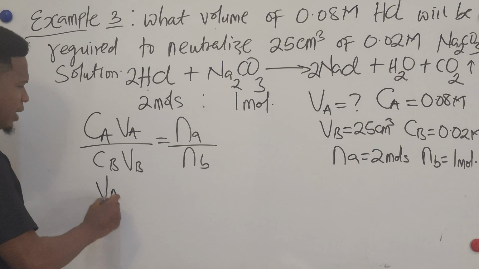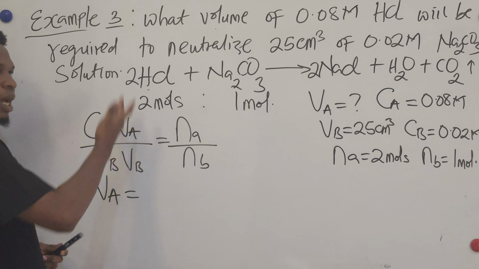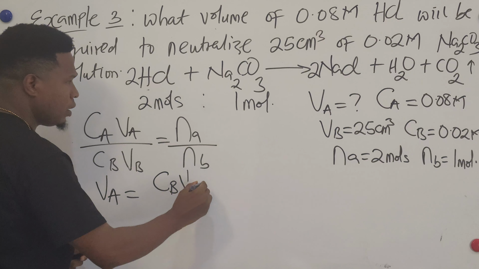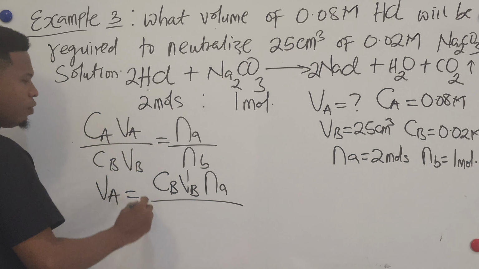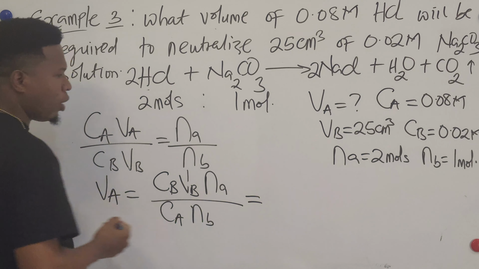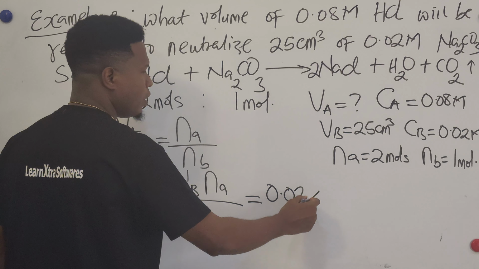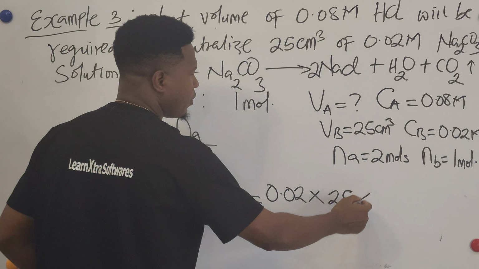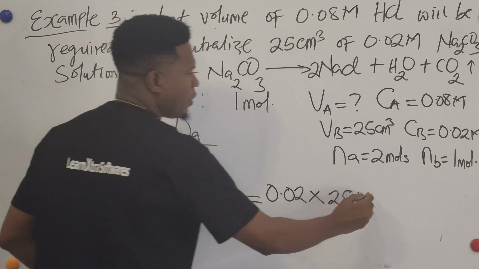Making Va the subject means I cross multiply. The one that multiplies this will be at the top, so we have Va equals CbVbNa divided by the two things that are touching the Va, which are Ca and Nb. Now I can plug in the values. Cb from the question is 0.02, times Vb, which is 25, don't convert, times Na, the number of moles of the acid from the equation, which is 2.